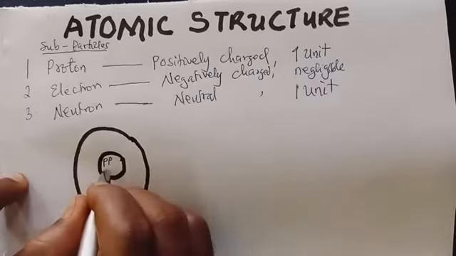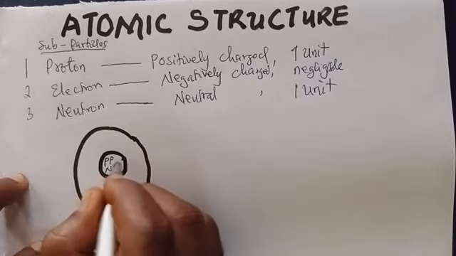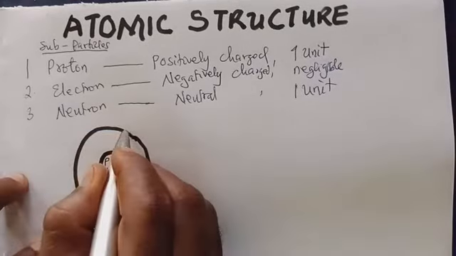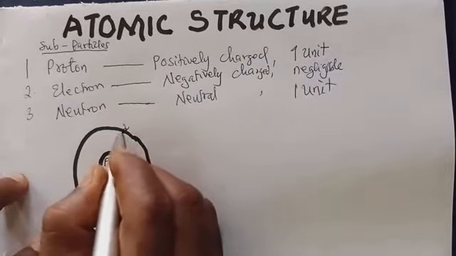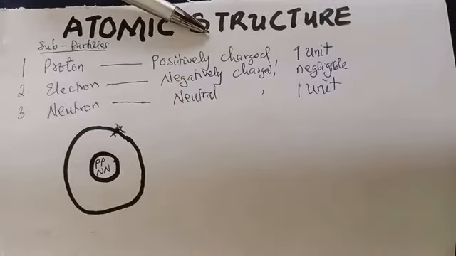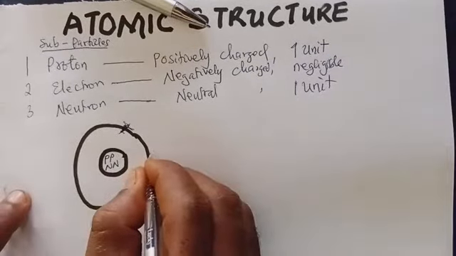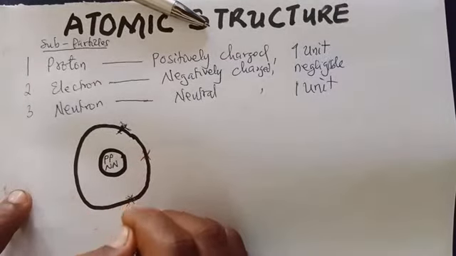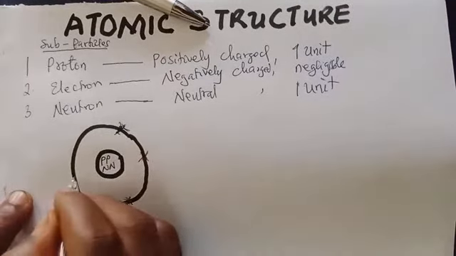And also, the neutrons are located in the nucleus of an atom. Meanwhile, the electrons revolve round the nucleus in circular orbit.